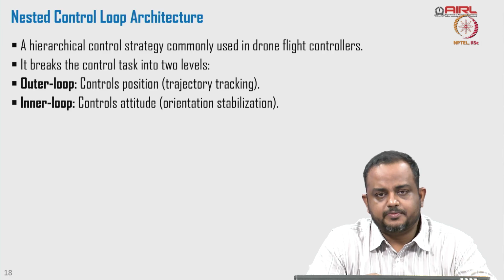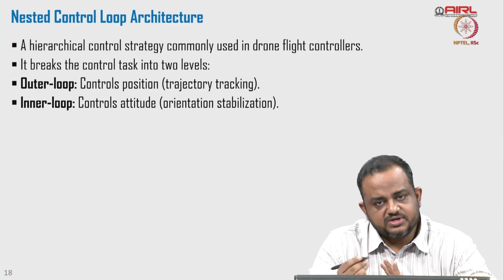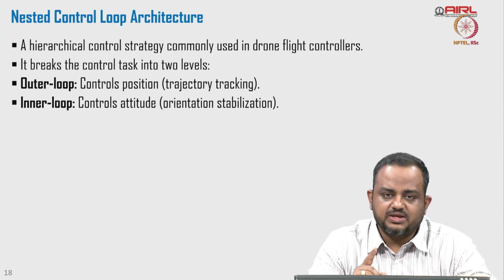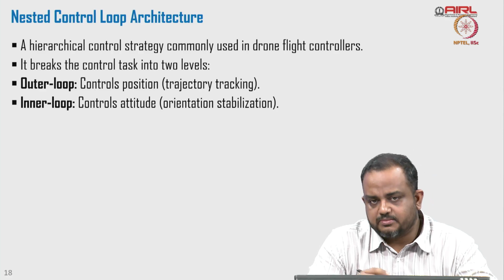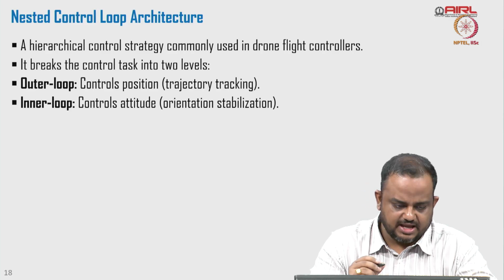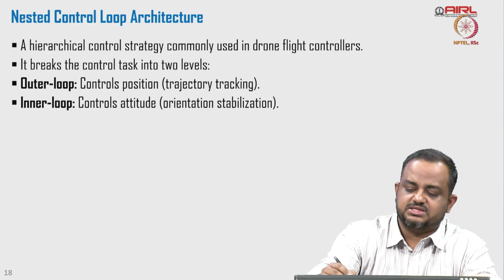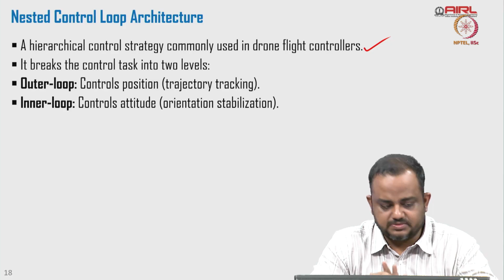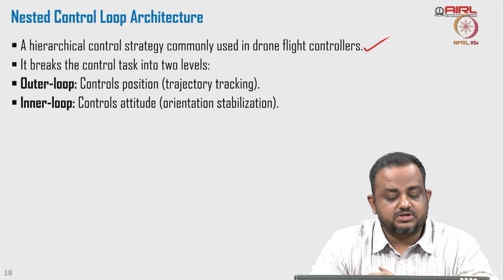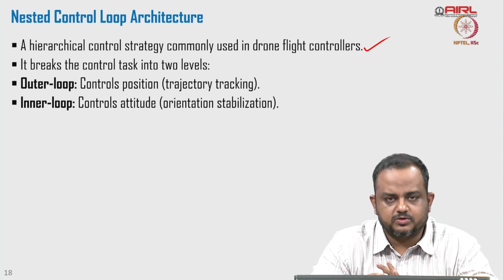What we have covered in the previous topics was only a single feedback loop. However, for specific applications, we might need more control loops. Okay. So, a hierarchical control strategy is commonly used for drone flight controllers. That is why understanding nested control loops is important. It breaks the control task into two levels, or maybe more levels depending on the priorities.